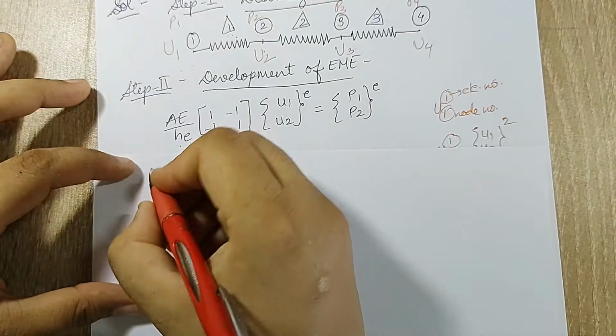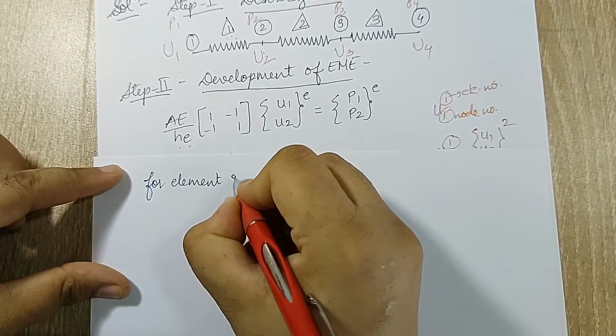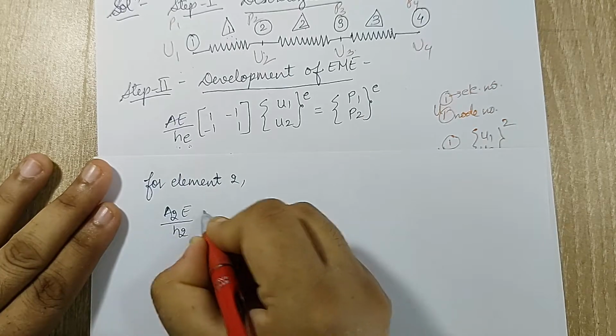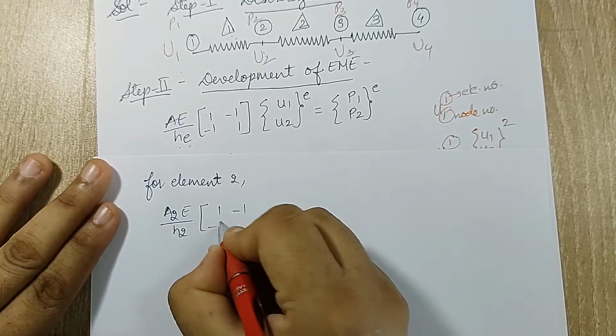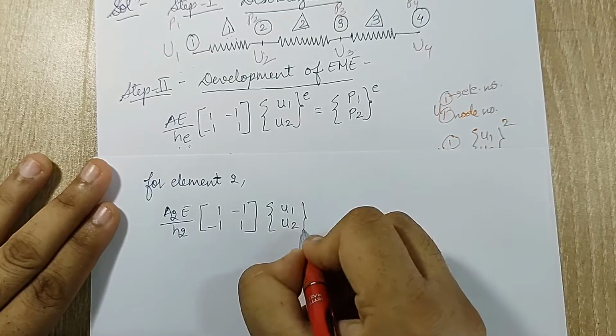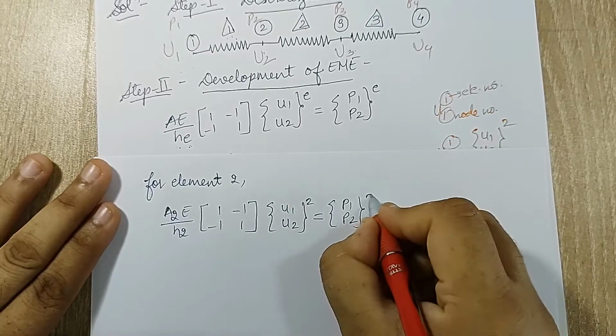Next I will solve for element 2. I will have A2 E upon L2, [1 -1; -1 1]. Here I'll have u1 u2 raised to 2 is equal to p1 p2 raised to 2.